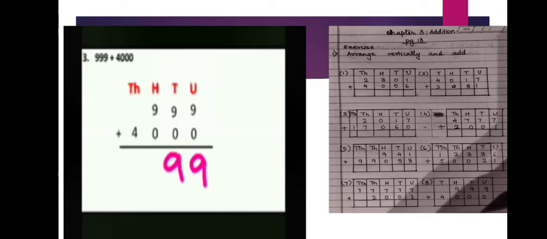And 9 plus 0 at hundreds place is also 9. And 4 at thousands place will come down and you will write 4. So it is 4999.